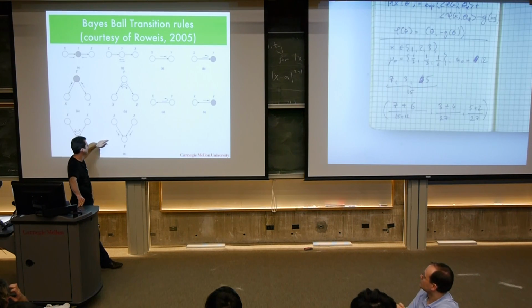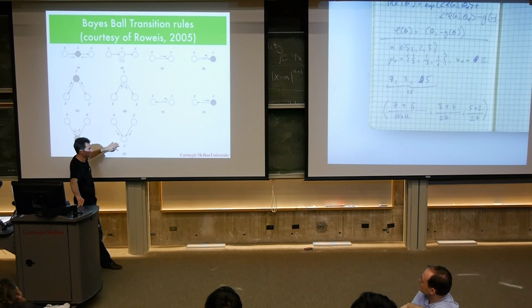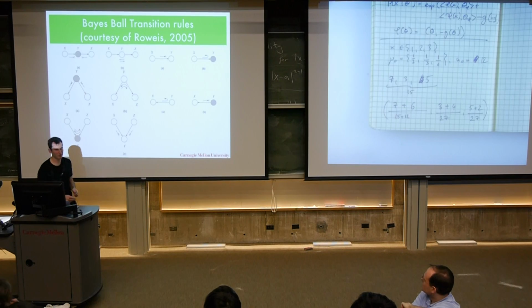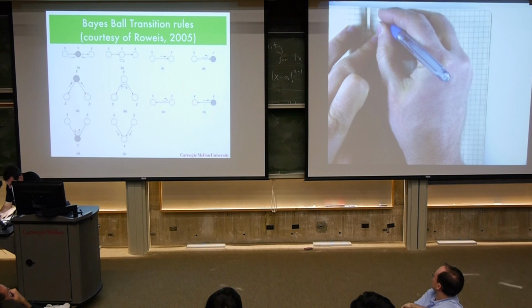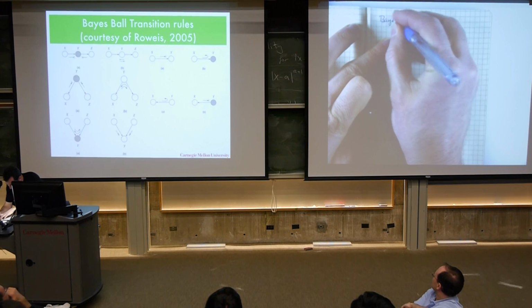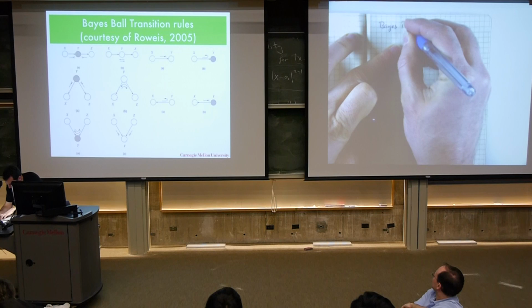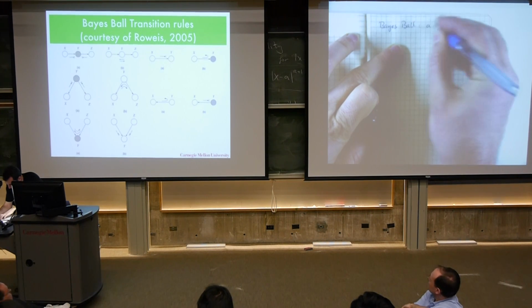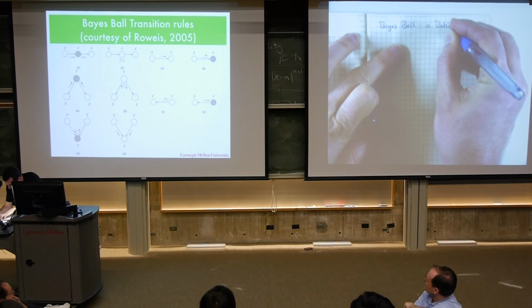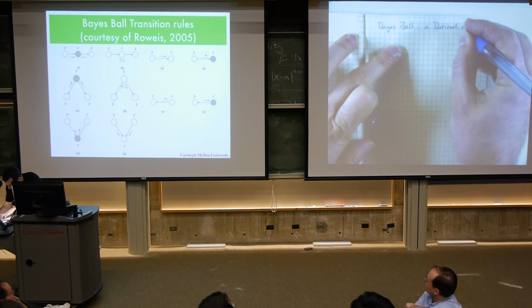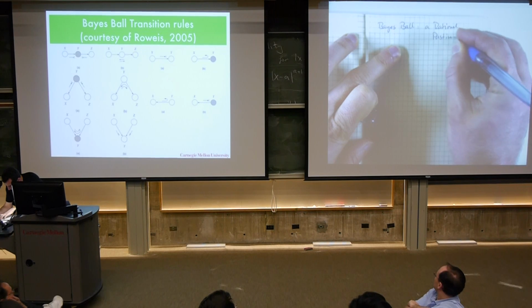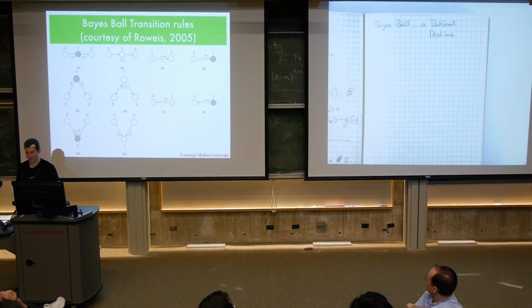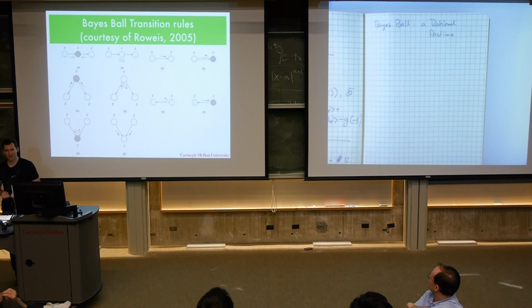So what you do is you use this algorithm and you run what's called Bayes ball. There's a paper called "Bayes-Ball: A Rational Pastime" by, I think, Shachter, and that has this algorithm in it.